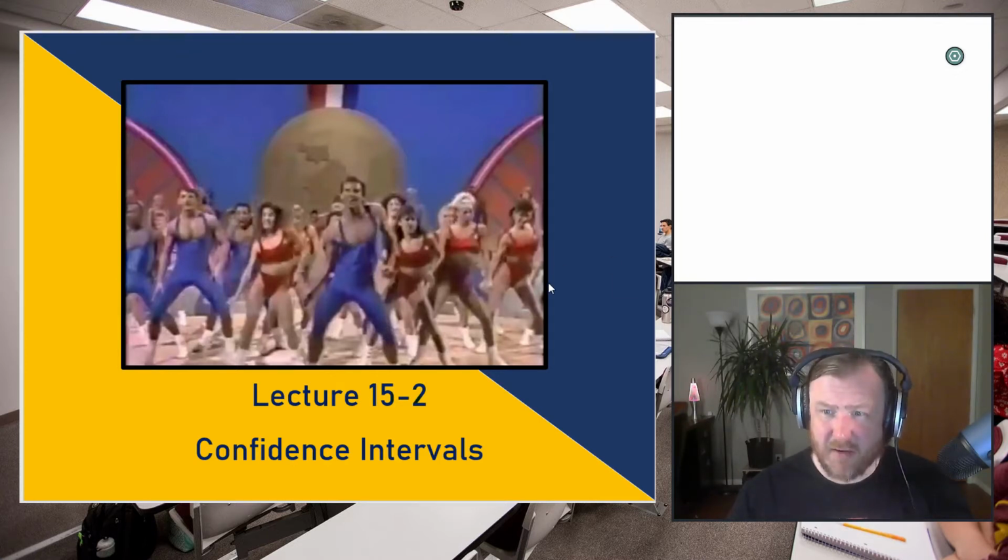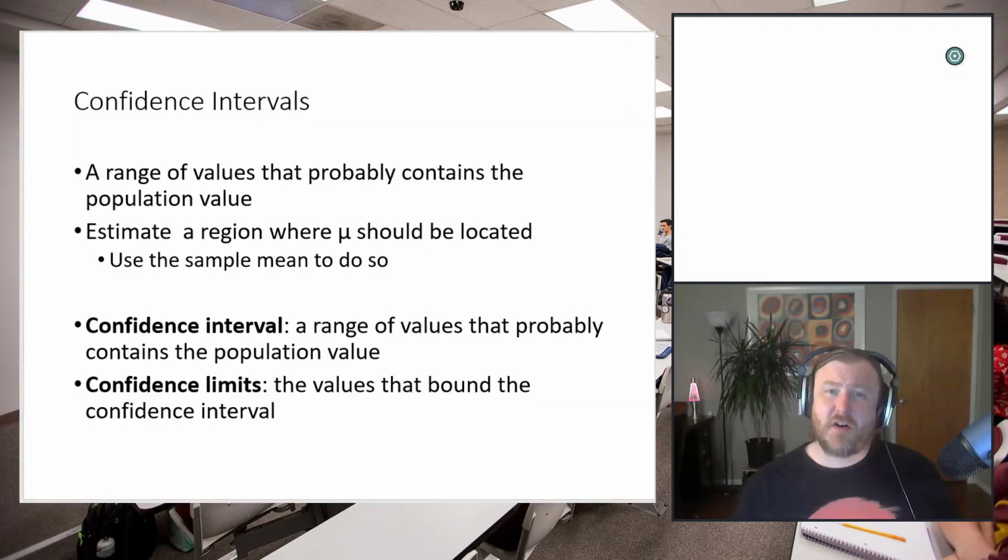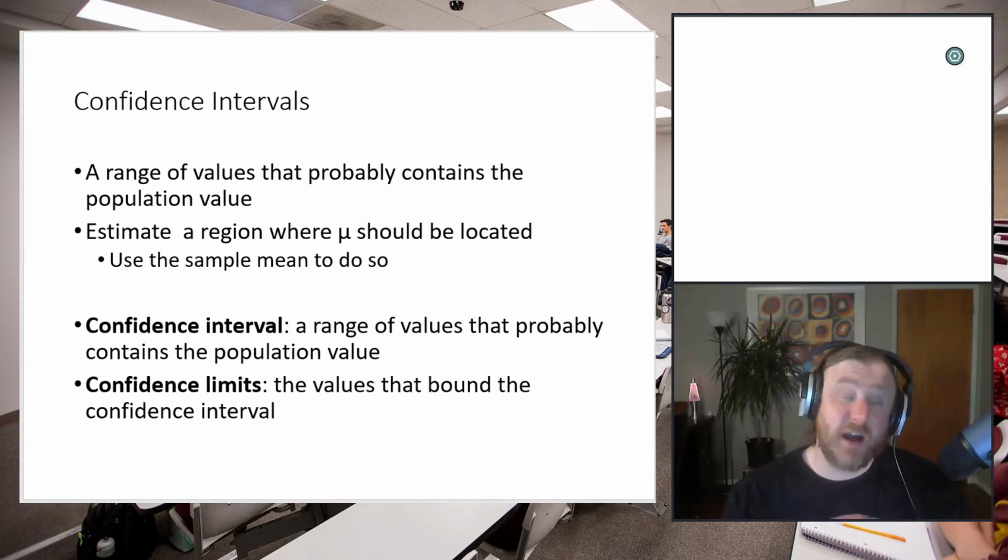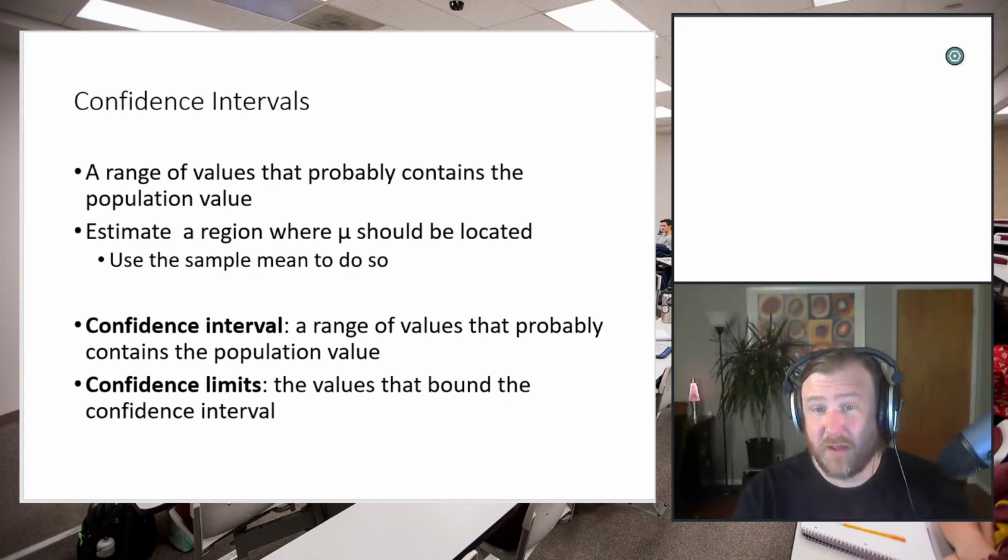So let's just dive in here on confidence intervals. So what is a confidence interval? Well, a confidence interval is a range of values that probably contains the population value. So if you remember, when we're conducting inferential statistics, we're in the business of making an inference about a population from a sample that we've collected.